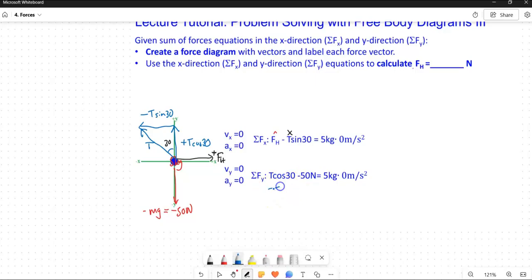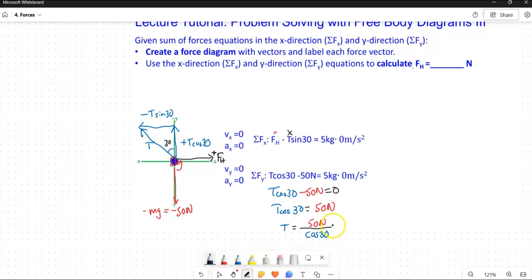So we have T cosine of 30 degrees minus 50 newtons, and that is going to be equal to 0. So T cosine of 30 degrees is going to be equal to 50 newtons. Then divide both sides by cosine of 30 degrees.